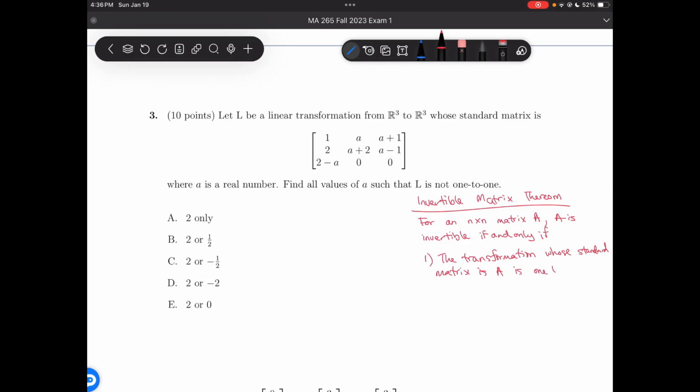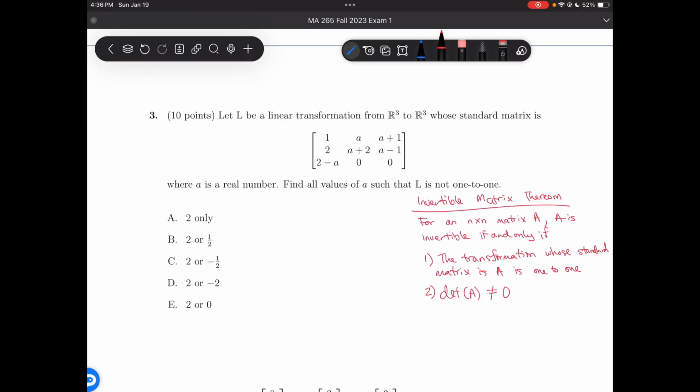So this is one statement in the invertible matrix theorem, and the second statement is that the determinant of A is not equal to 0. Okay, so these are two statements in the invertible matrix theorem.